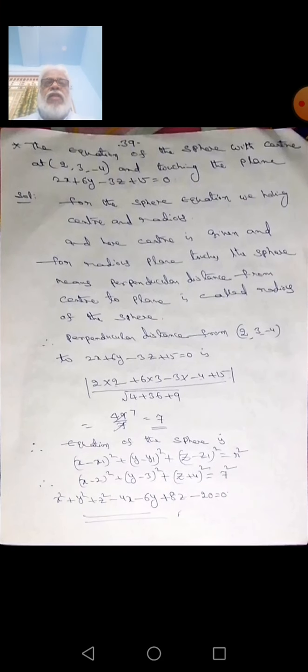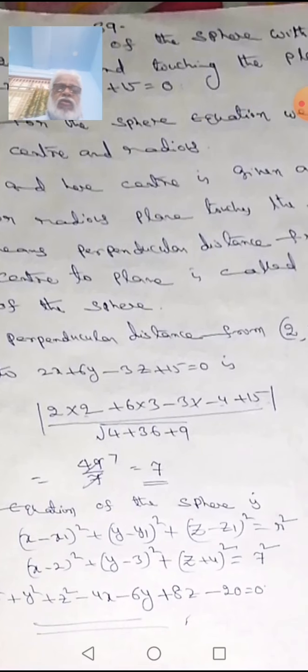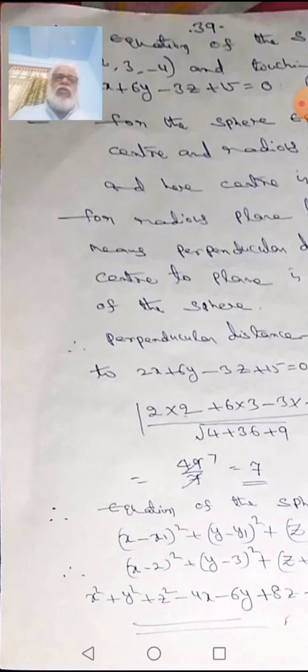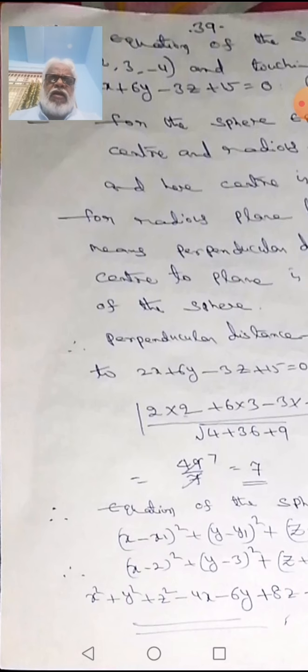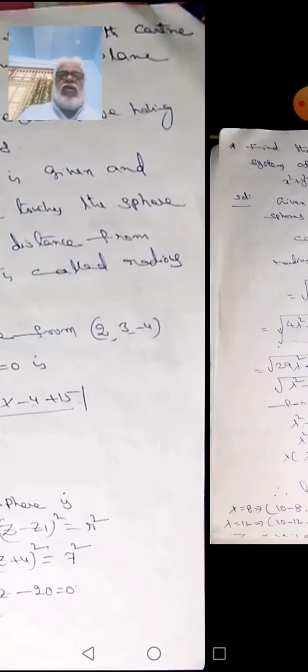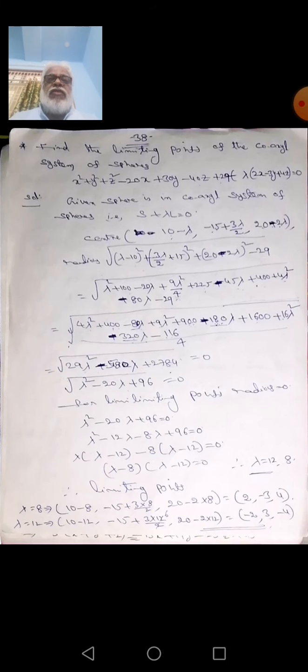I will give some homework also in middle classes. You can do it. Otherwise, these problems are what can be taught in your classes, and they belong to your topics only, that is the PK Mittal book. The book name is S. Chand and PK Mittal. If you prepare from that book, you can solve the problems without any deviations.